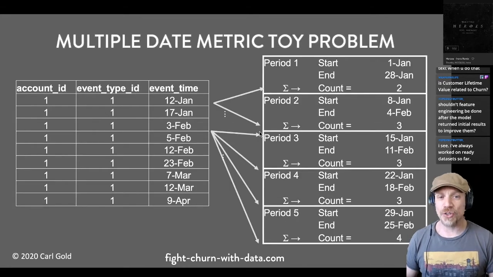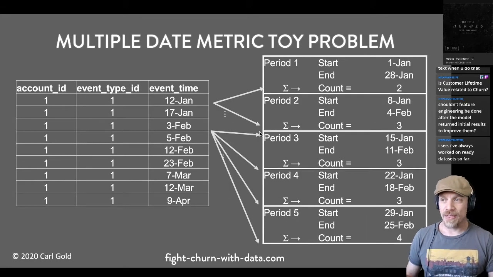And that's illustrated also in this toy problem. Here I'm saying we have these periods that now overlap, unlike the last example. So this period is from January 1st to 28th, and this next period overlaps by starting January 8th. So this event, which is on January 12th or January 17th, these events calculate in multiple periods.